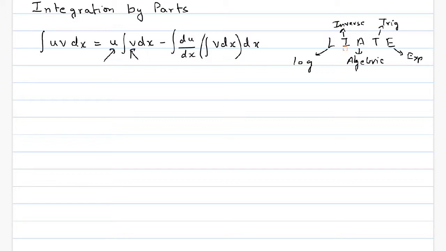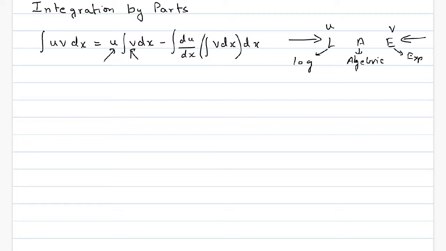Now in our course we are not going to see any inverse or trigonometric terms, so we have only three: logarithmic, algebraic, and exponential. If we go from the left side, the first term that we find is going to be our u, and from the right side, the first term is going to be our v.